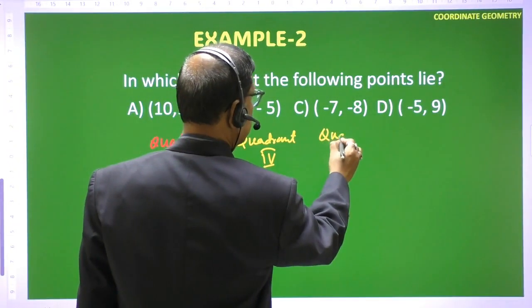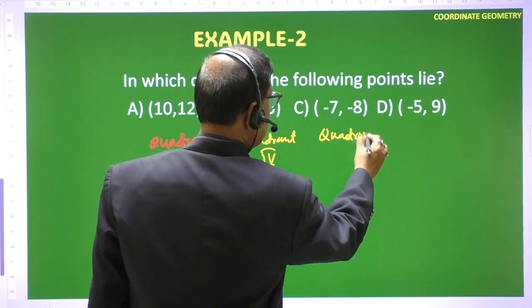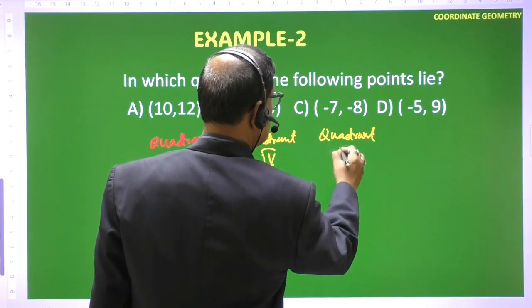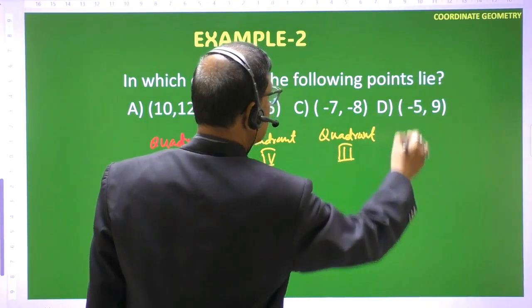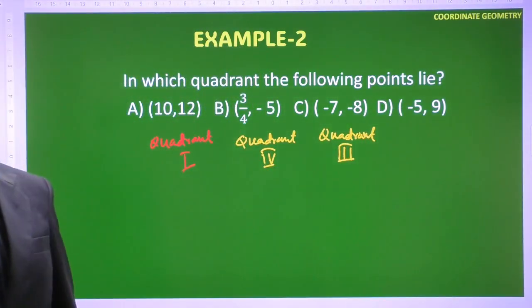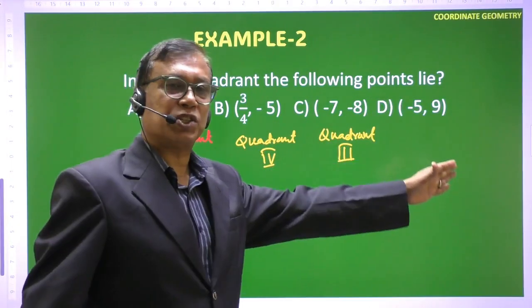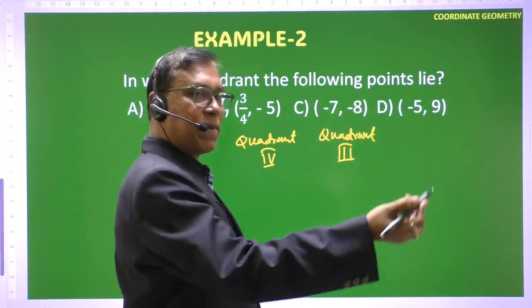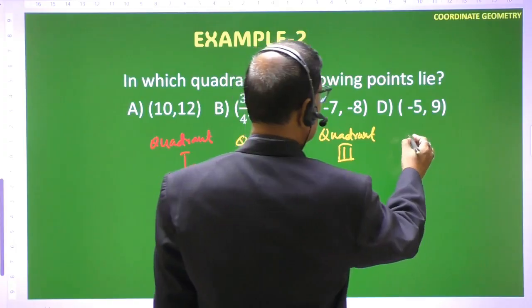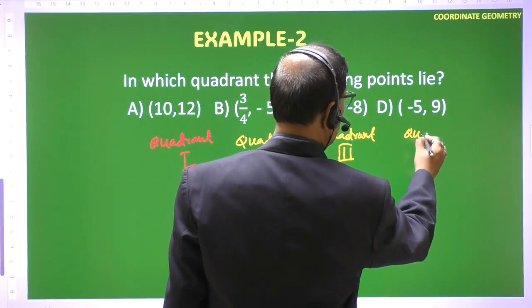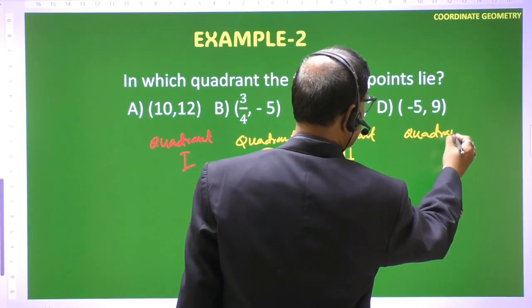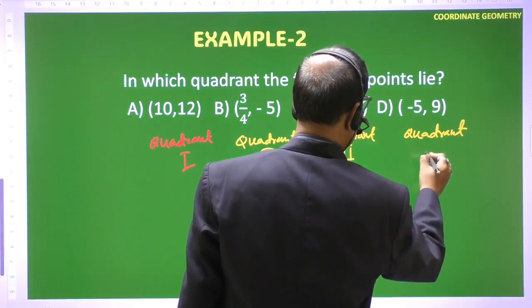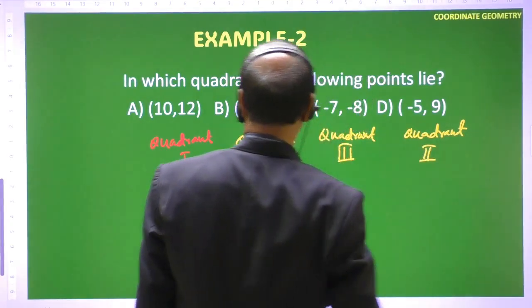Quadrant number 3. Now fourth point is minus 5 comma 9, negative and positive. Negative and positive, that means quadrant 2, quadrant number 2. Is it clear?